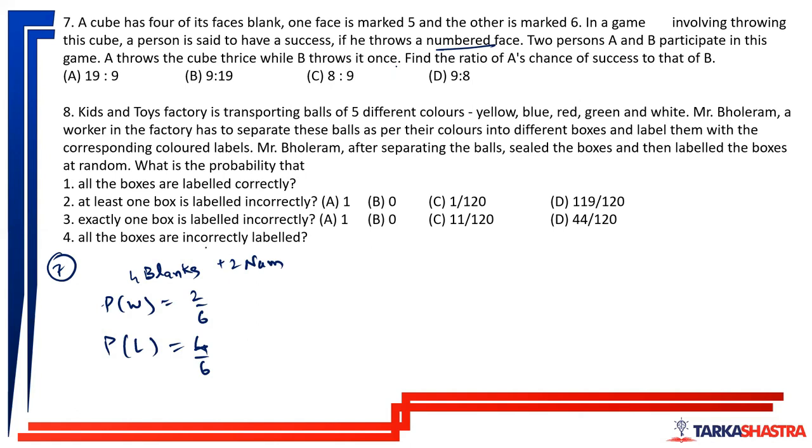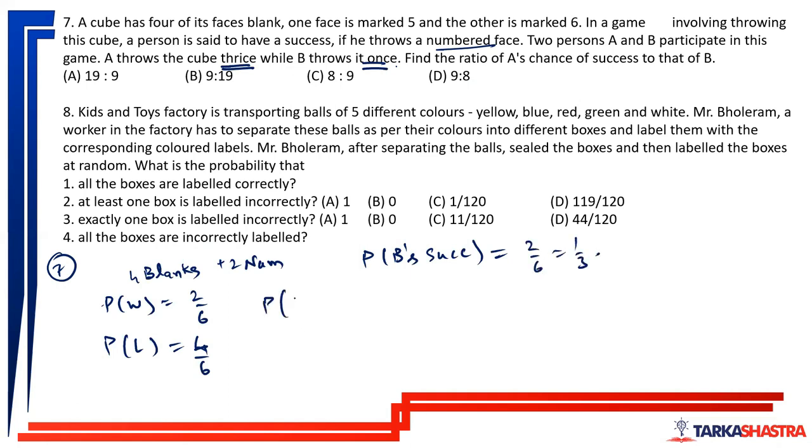Now, 2 persons participate. A throws the cube thrice while B throws it once. So what is the ratio of A's chance of success to that of B? The probability of B's success is how much? He is throwing only once. So 2 by 6, that is 1 by 3.